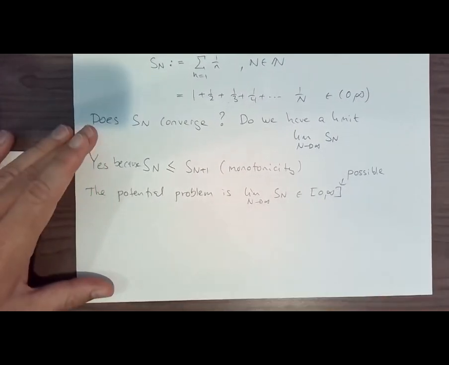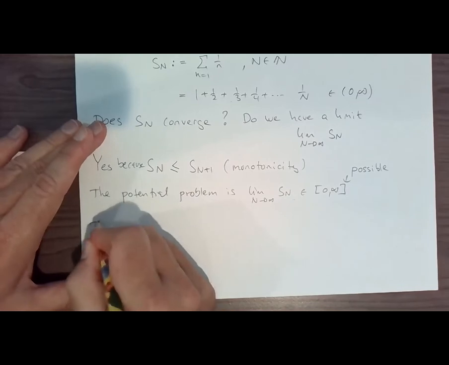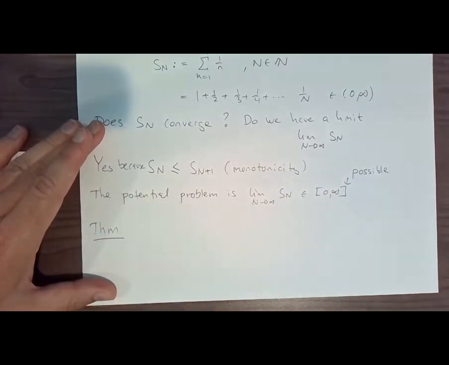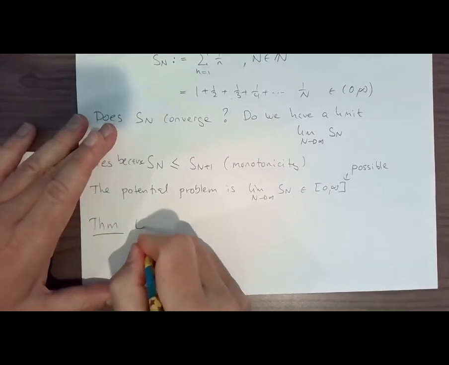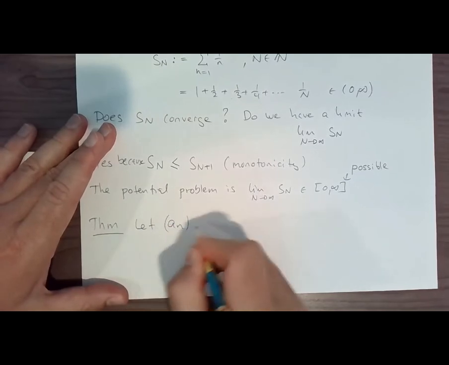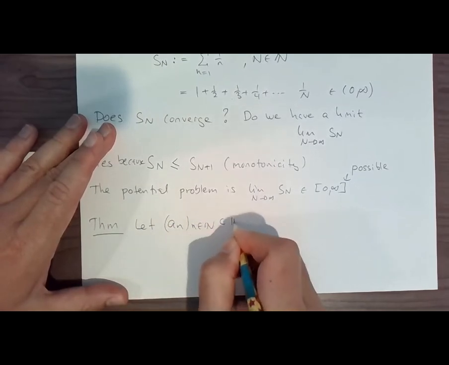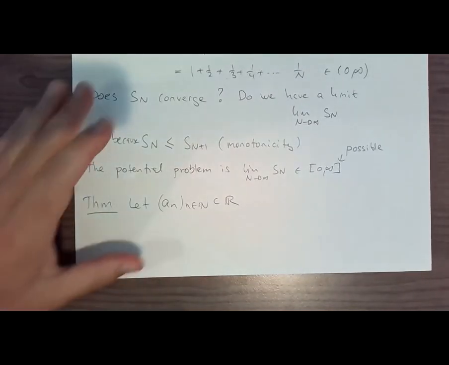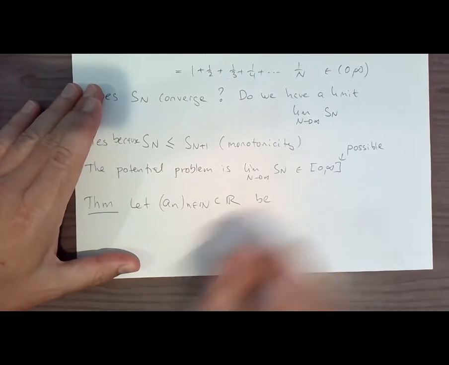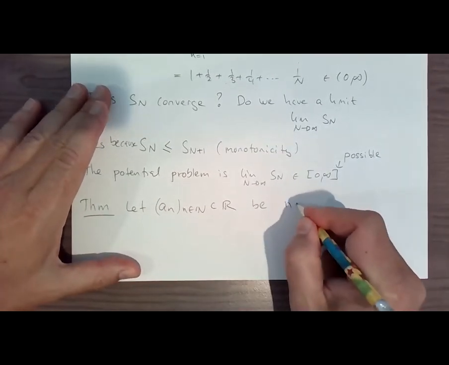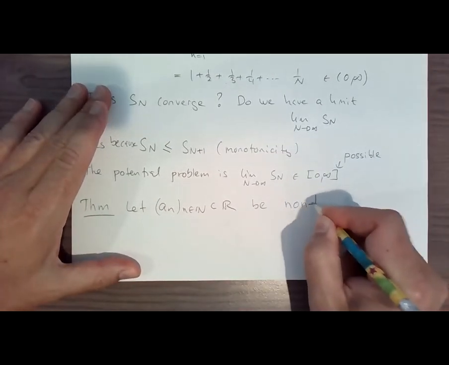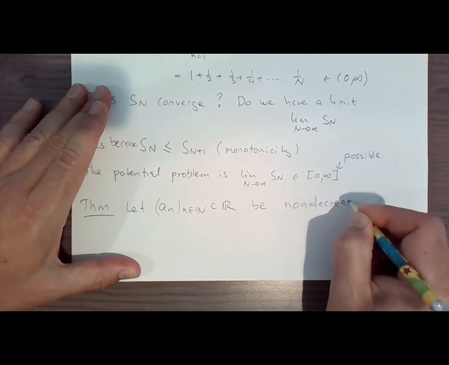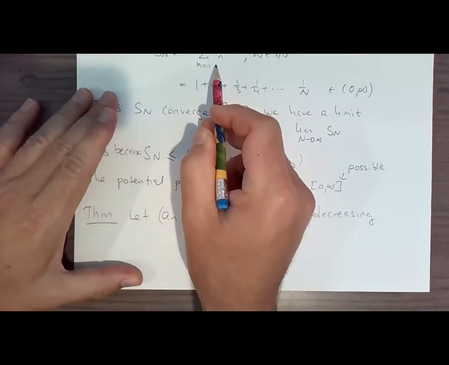Right, so the theorem that we're going to be proving today is the following. You're going to take a sequence of real numbers. So let this thing here be non-decreasing, like the one we have.